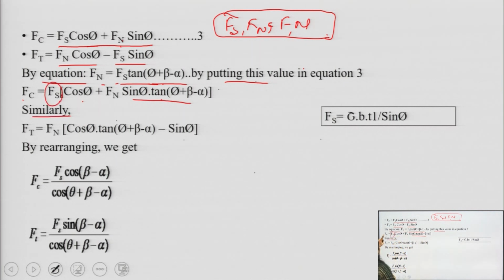Now similarly we can write down the equation for Ft also. सो इन केस ऑफ द Ft विल बिकम Fn cos phi into tan phi plus beta minus sin phi.